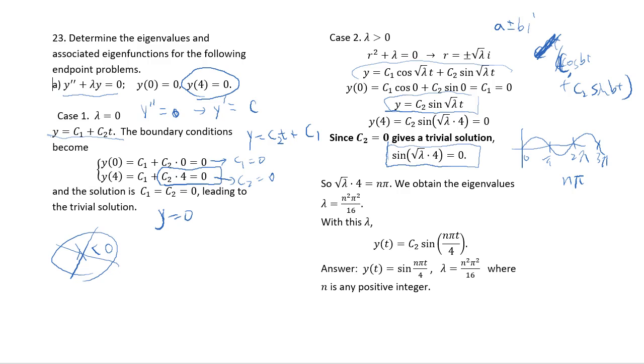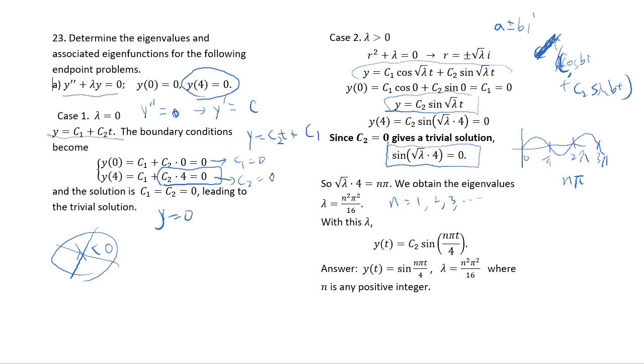Now, if you solve this for lambda, you get lambda equal to n squared pi squared over 16. And since we're assuming that lambda is strictly greater than 0, n can't be 0, it has to be 1 and afterwards. So here we have this with n equals 1, 2, 3, and so on.